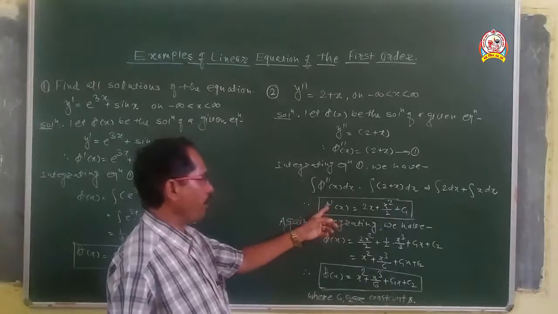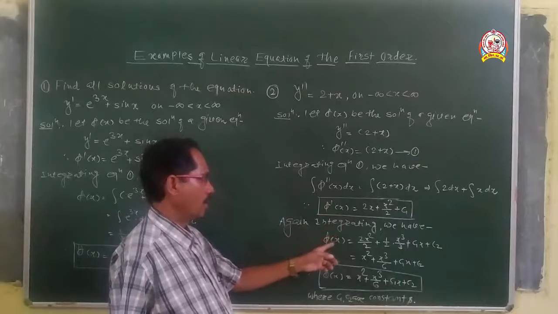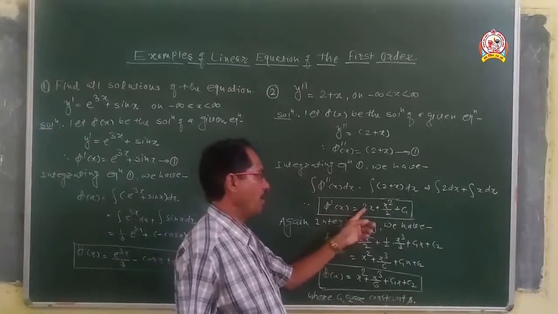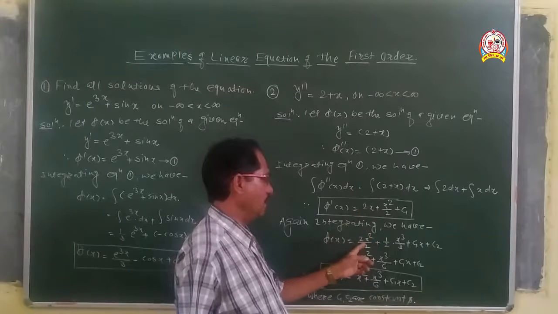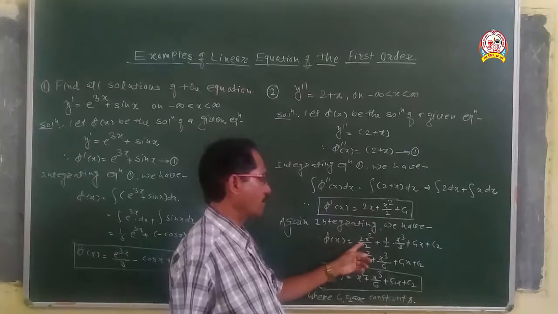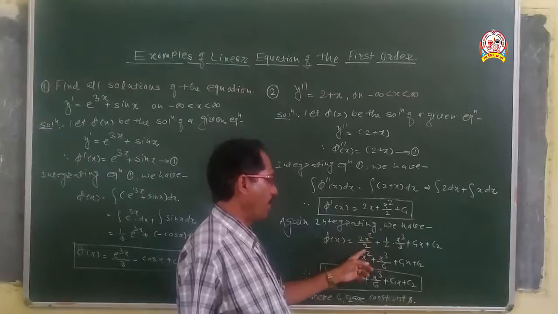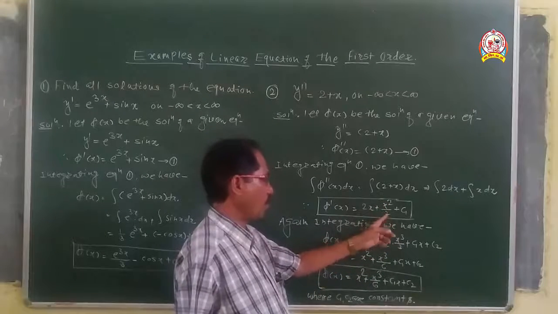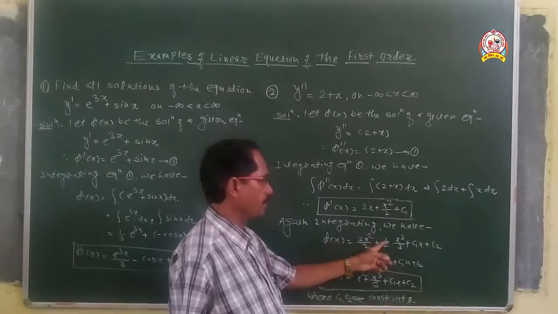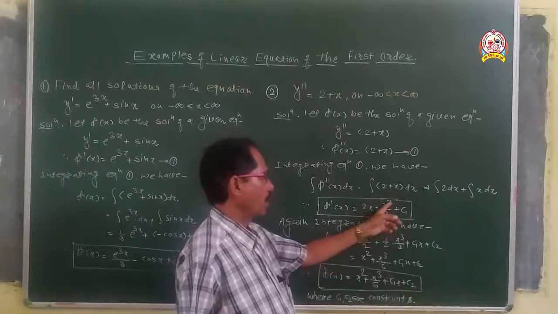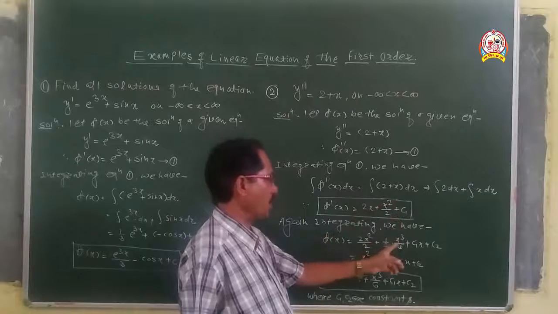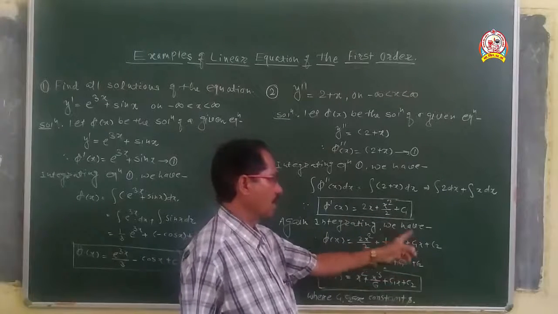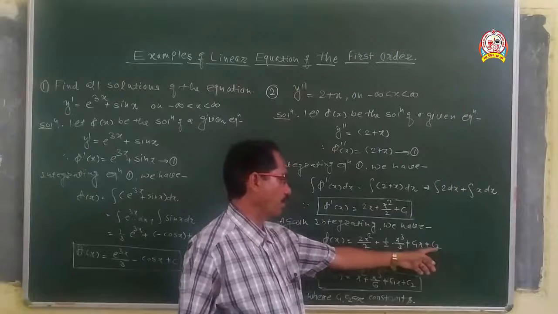Now, again integrating this equation. Therefore, the integration of phi'(x) is phi(x), which is equal to the integration of 2x dx, 2 constant as it is, x^2/2, plus 1/2 constant as it is, into the integration of x^2, which is x^3/3, plus c1x plus c2.